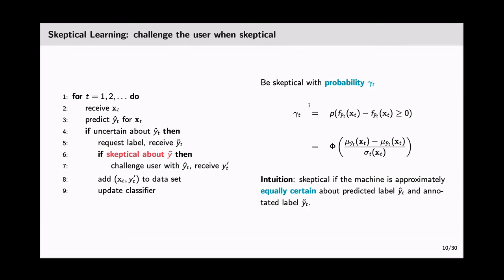It's always the confidence of the model, but on the label provided by the user. In this case, the difference is very large, so the probability that the machine is going to contradict the user is large, because the machine is very confident that its own prediction is correct. If they're both 50%, it's less.